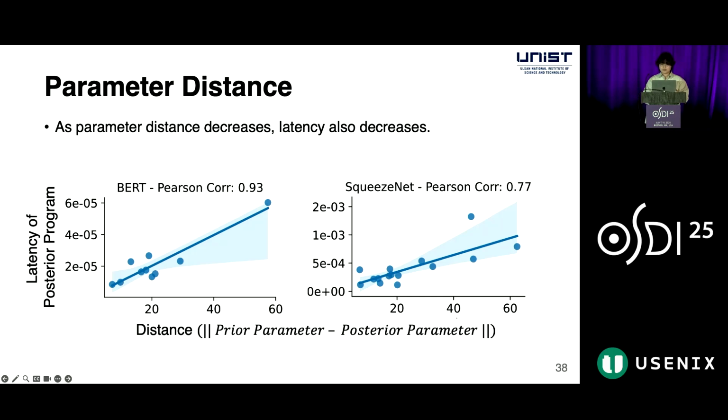This figure compares the relationship between the distance from the prior parameter to the posterior parameter and the latency of the posterior program. As you can see, latency decreases as the parameter distance decreases. So we conclude that there is a strong correlation between these two factors.